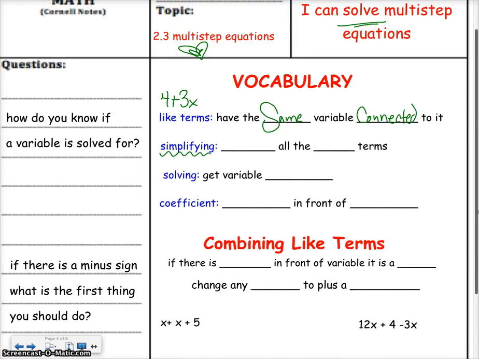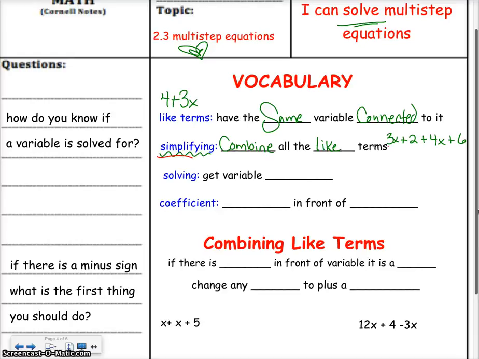Simplify, when I say to simplify, it means to combine all the like terms. So what that means is you have an expression that is long and you want to shorten it. You want to make it look a little bit more simple, and you can do that by combining like terms.